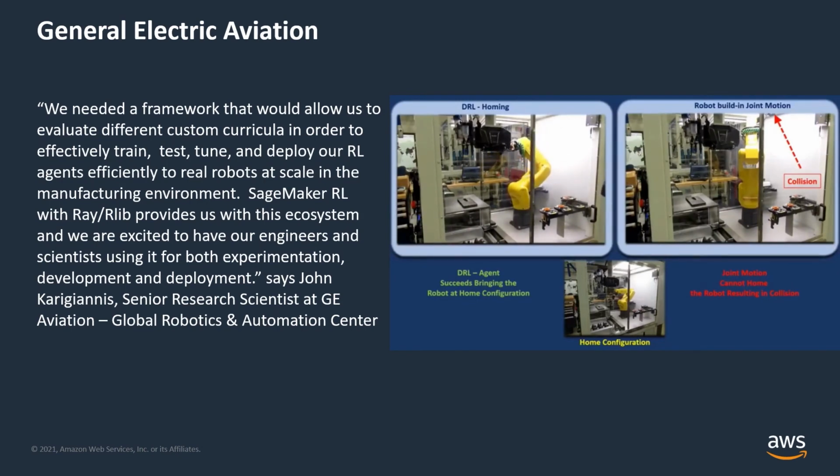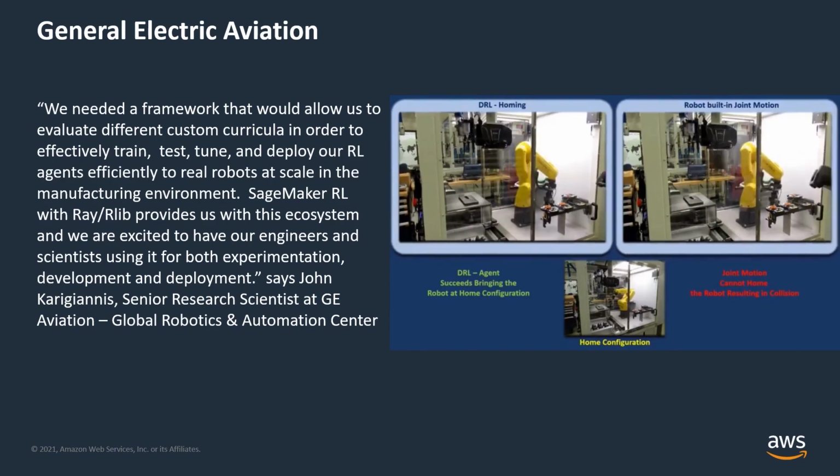And as you can see in this case, the deep reinforcement learning agent was able to avoid most of the collisions that may otherwise happen when we are using the benchmark algorithm that we compared the DRL agent to.